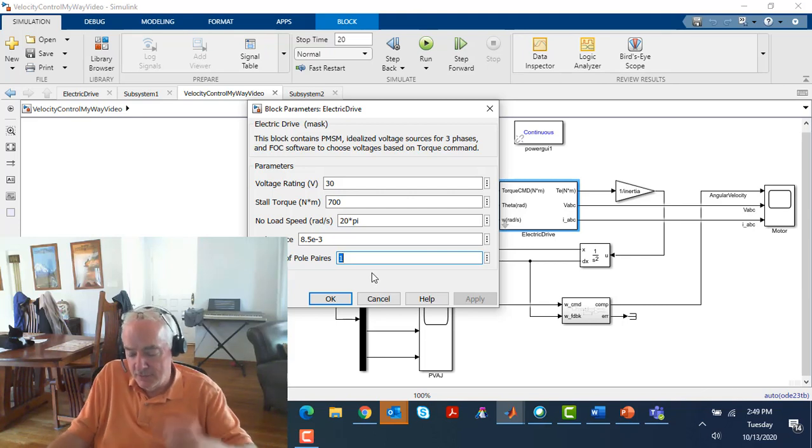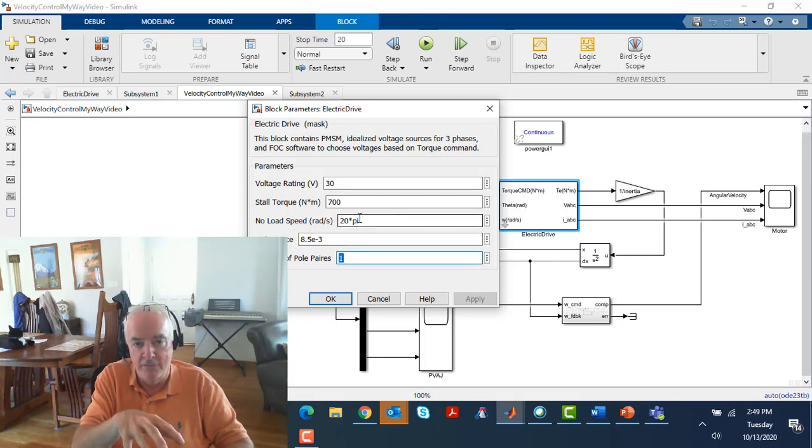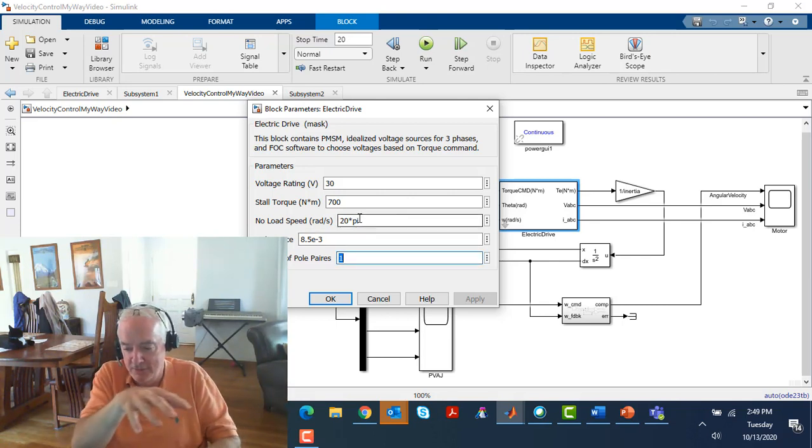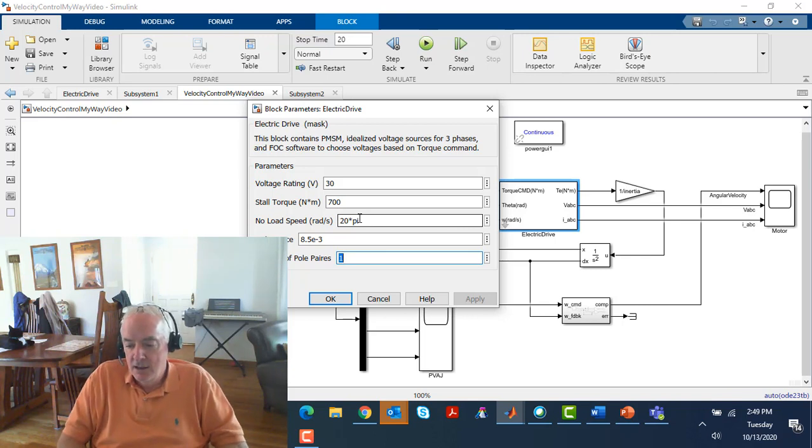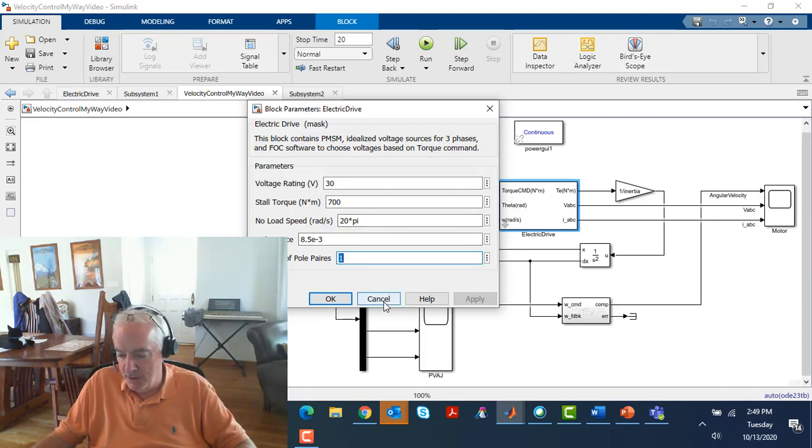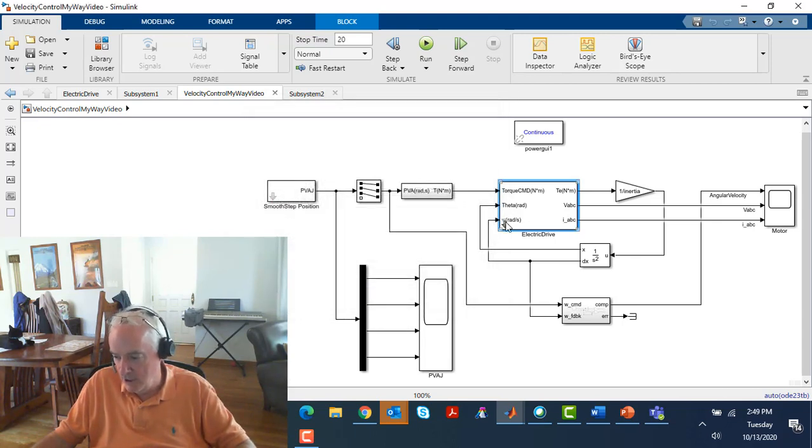All I want to say at this point is that I think it's amazing that just this small set of information, if you know these parameters, you can describe pretty much every three-phase AC motor that's ever been created. So with this in mind, let's jump into this.